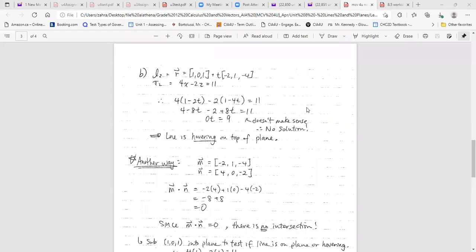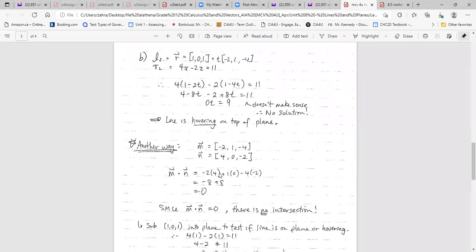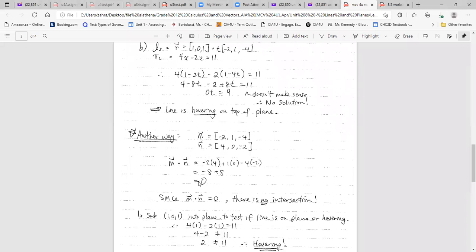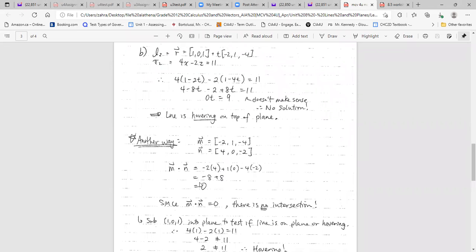Another way to do this question: the directional vector m is (-2, 1, -4). And the coefficients A, B, C give you the normal vector to the plane. We don't have a coefficient for y, so it's (4, 0, -2), the normal to the plane. So you dot product them. It is 0, which means these two are parallel. But are they parallel? They could coincide.